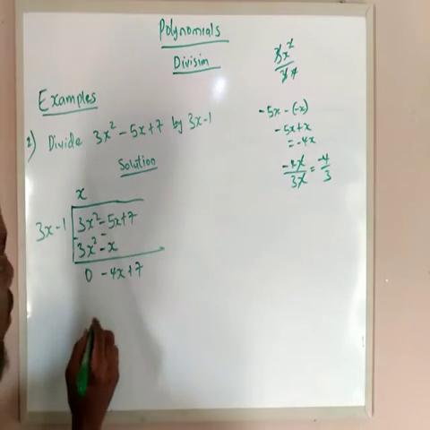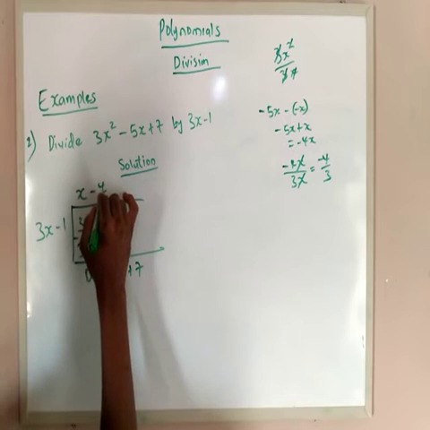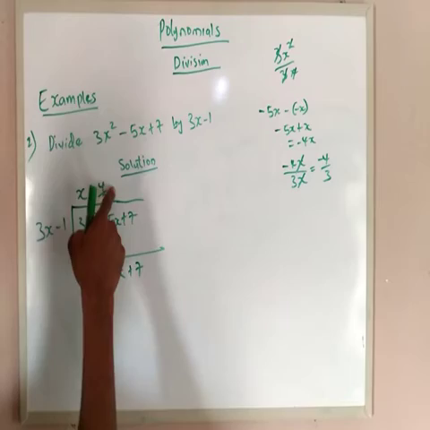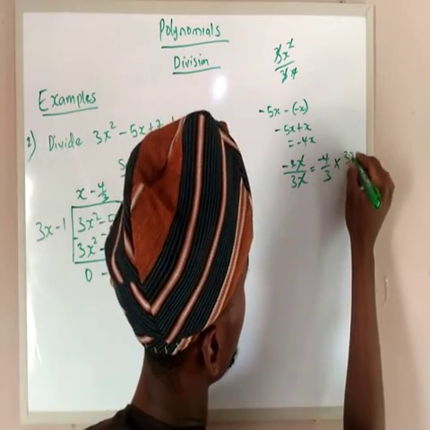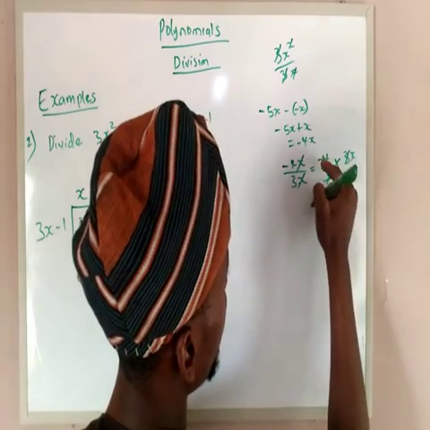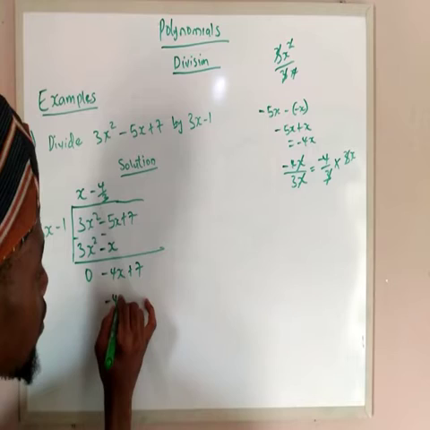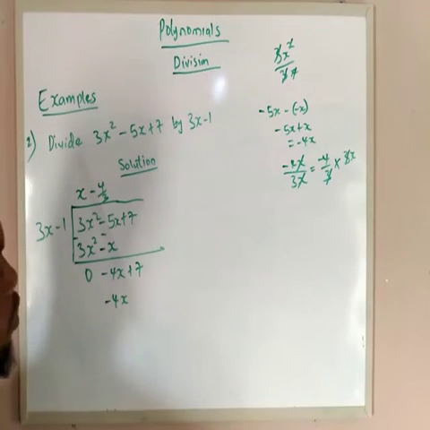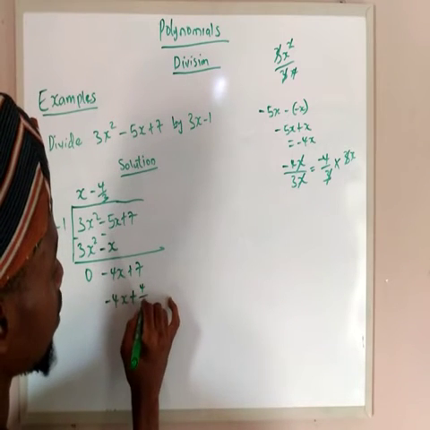So here we have minus 4 over 3. 3x times minus 4 over 3: 3 will cancel 3 and we will be left with minus 4x. So we have minus 4x. Minus 1 times minus 4 over 3 will give us plus 4 over 3.